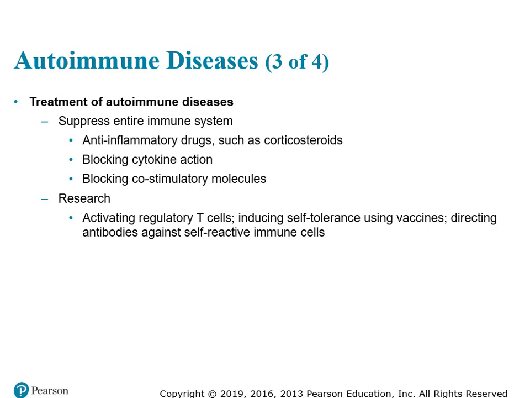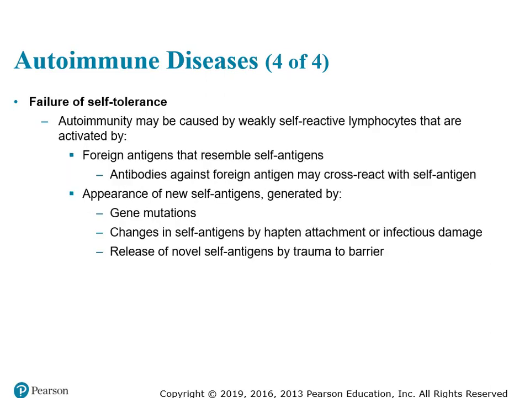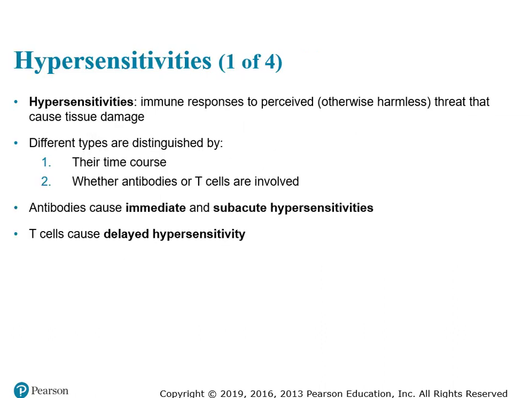So these are all the treatments that we have, ultimately suppressing your entire immune system. The problem with suppressing your entire immune system is that secondary infections are possible. So once you see those secondary infections, you reduce the dosage of the immune suppressing drugs. That's basically how you treat autoimmune diseases.